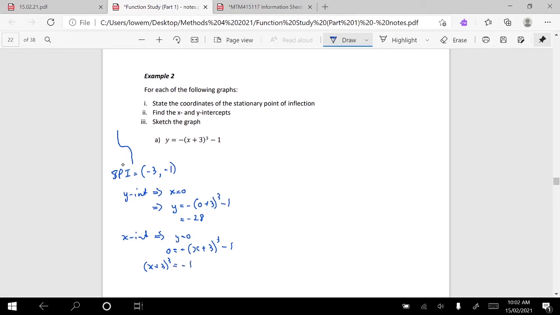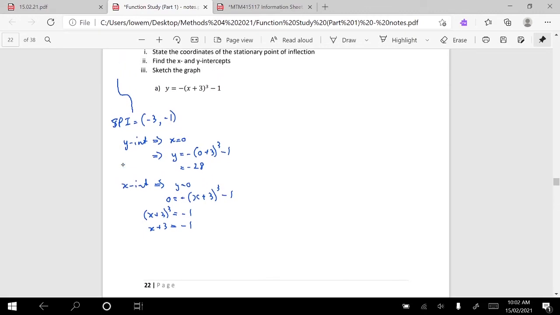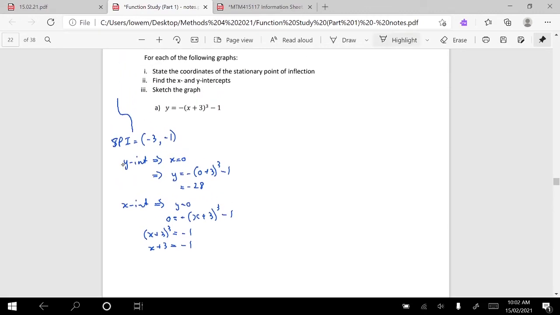We need to undo the cube, so we cube root both sides. So we've got x plus 3 equals the cube root of negative 1, which is negative 1. Then solving for x, negative 1 minus 3 is negative 4.